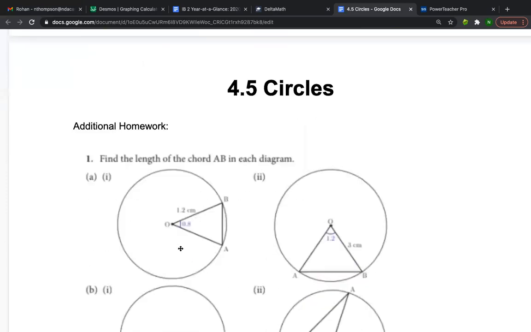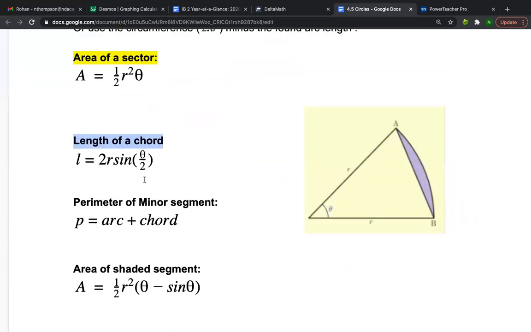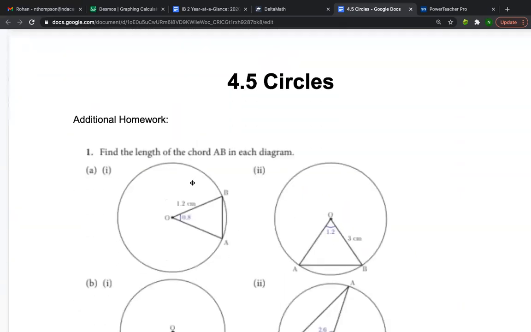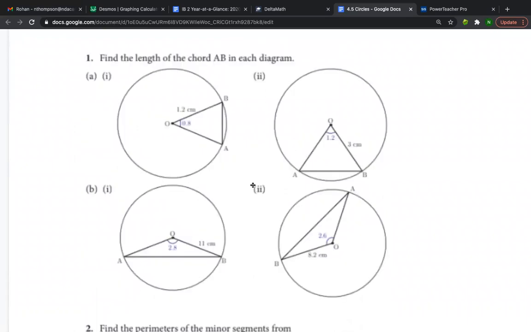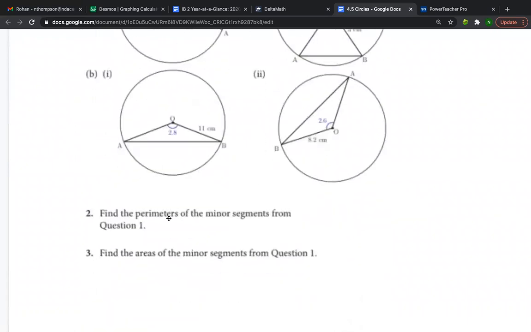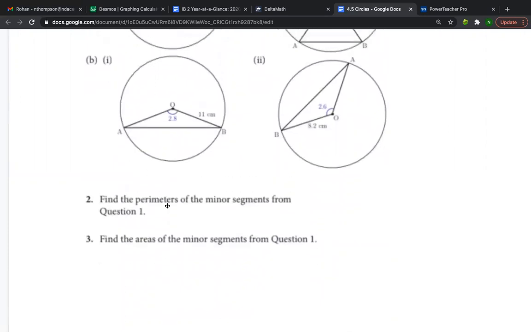Depending on which way you want to do it, just keep in mind that this formula, if you're going to practice it, is not on your formula sheet. So decide which way works best for you, either using cosine rule or that formula. But remember, if you choose to use that formula, you have to memorize it.